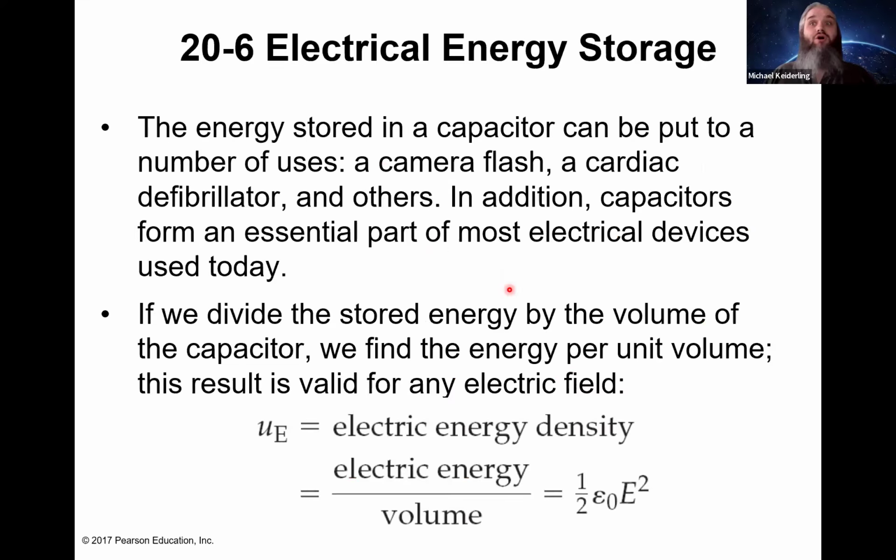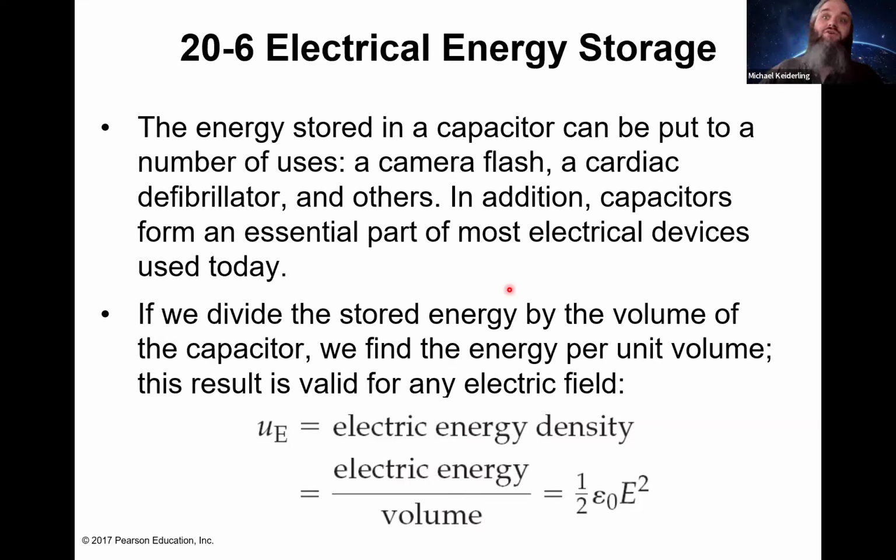Now, the energy stored in a capacitor can be put into a number of uses. One of them that's pretty common is a camera flash. So a camera flash, like a traditional bulb camera flash, you want to dump a lot of energy into a light bulb very quickly.